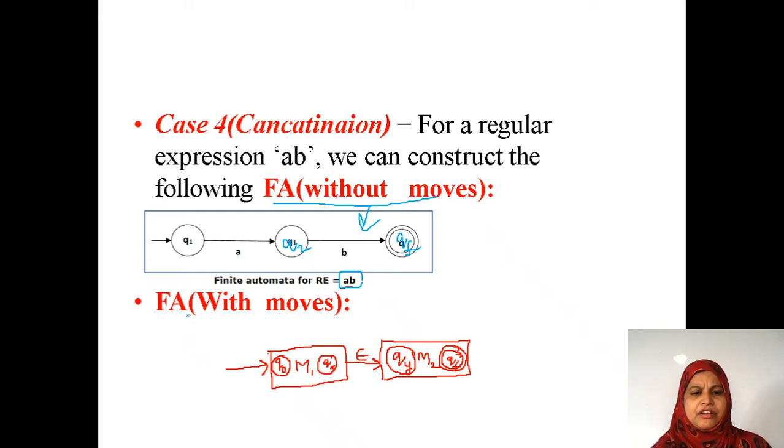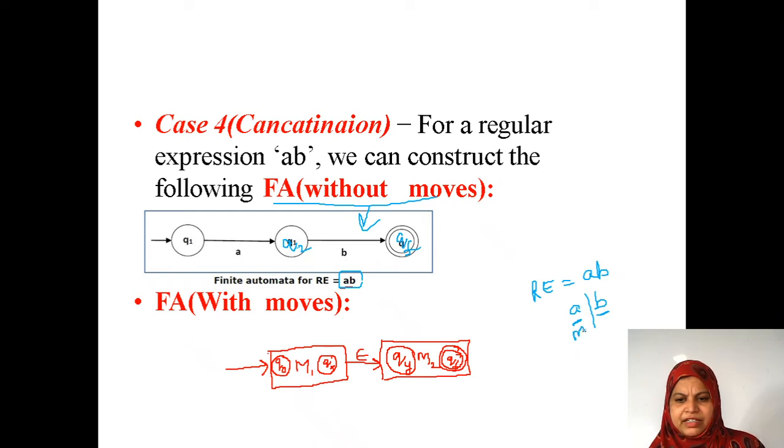Now the finite automata with epsilon moves. Here first we have to take Q naught. My regular expression is A comma B, so I am going to divide it into two parts, single A and single B. I am dividing my regular expression into M1 and M2.